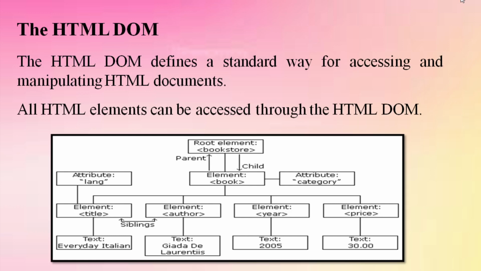And the element has 4 children: title, author, year, price, and an attribute with language like English, Telugu, any language you can select. This is about DOM, document object model. Thank you.